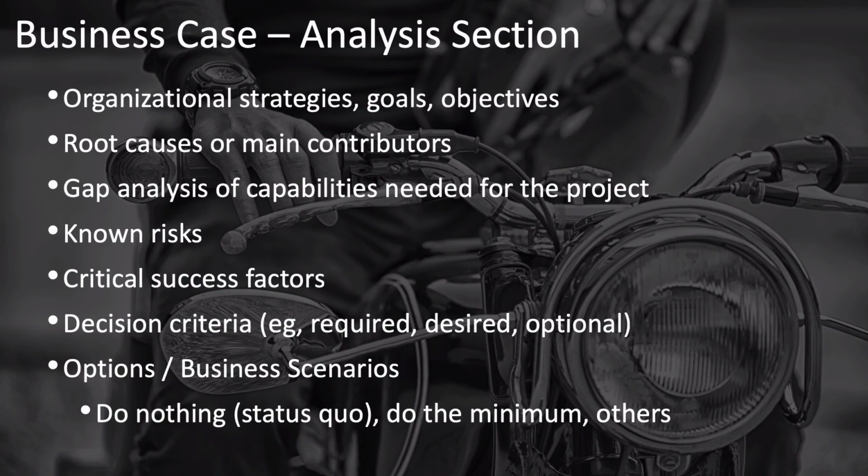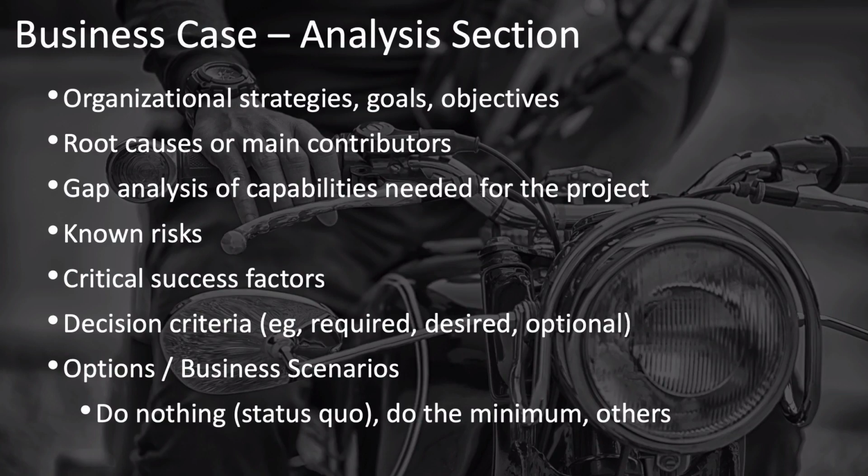And it should include a number of options or business scenarios of how you might proceed to address this need and solve this business case. These options should include the option of doing nothing, which is the status quo, doing the minimum amount of work, as well as other options.